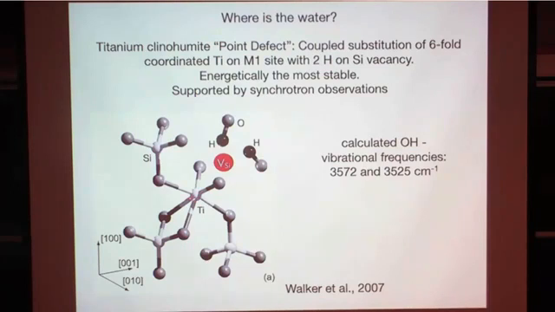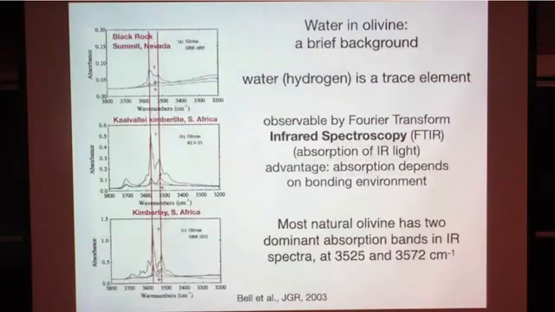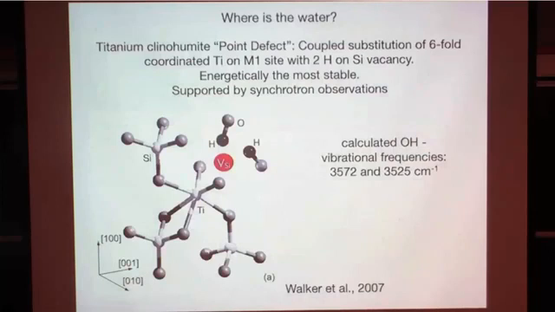You have a 4+ ion on a 2+ site. If you have an adjacent vacancy in silicon, you can charge balance the overall defect complex with 2 hydrogens. These 2 hydrogen-oxygen bonds give rise to these vibrational frequencies, which you measure in the infrared.